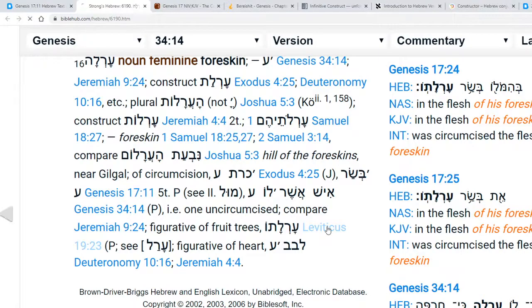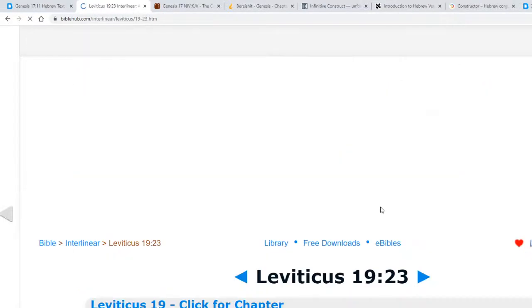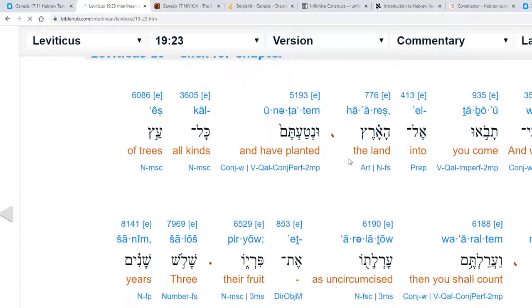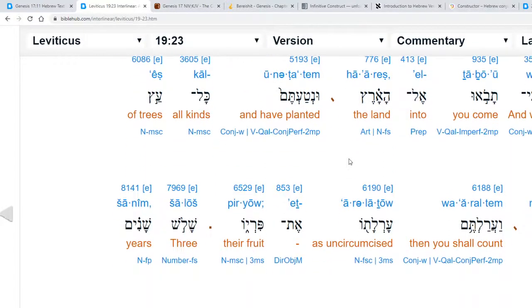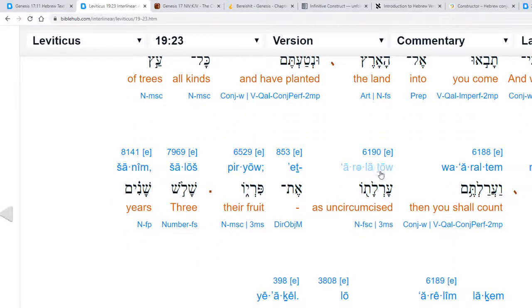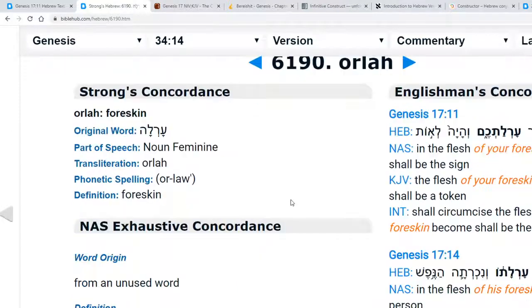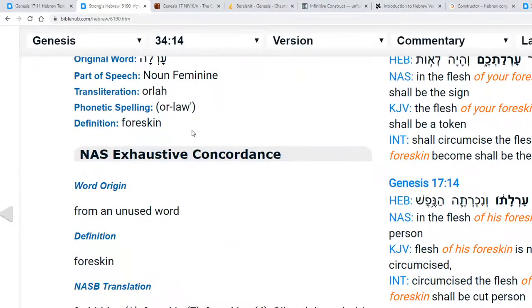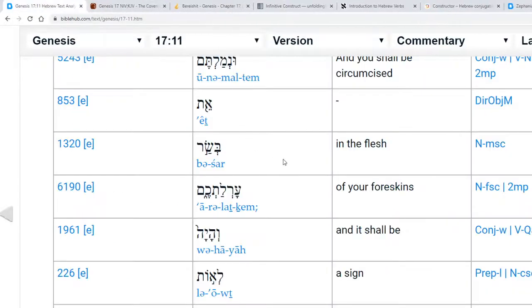Orlato, right? Yeah, we're talking about fruit trees there. So you can look that up further, but generally it's foreskin, but it also refers to young trees.